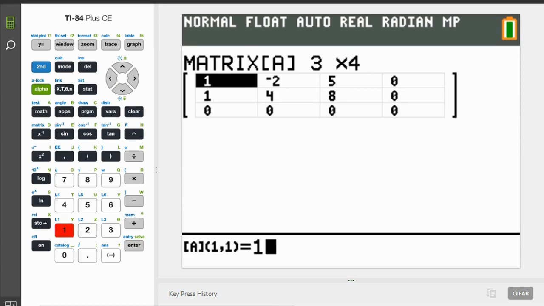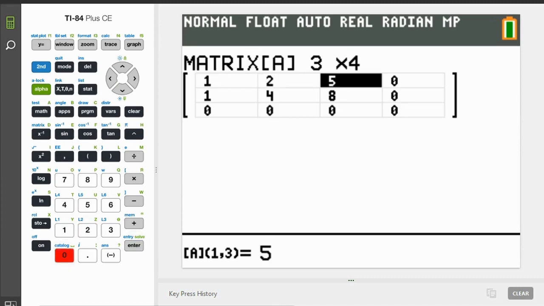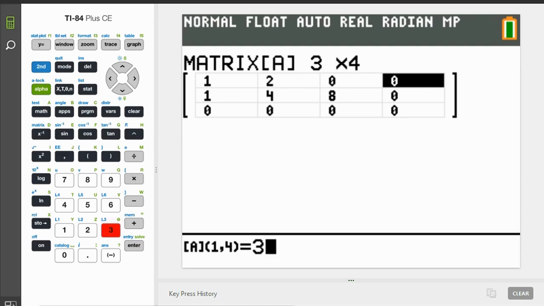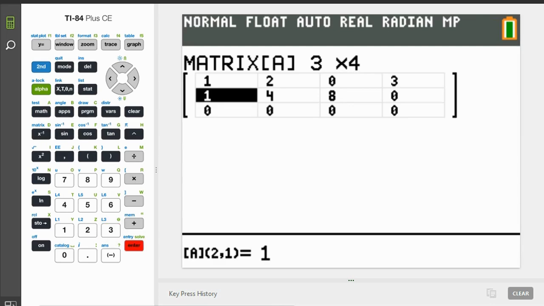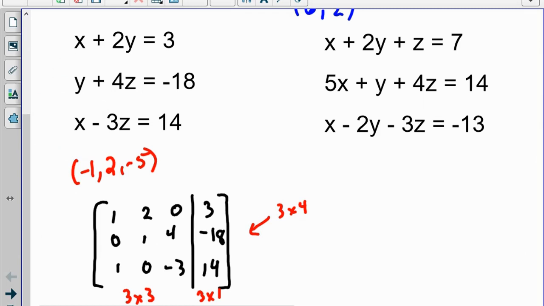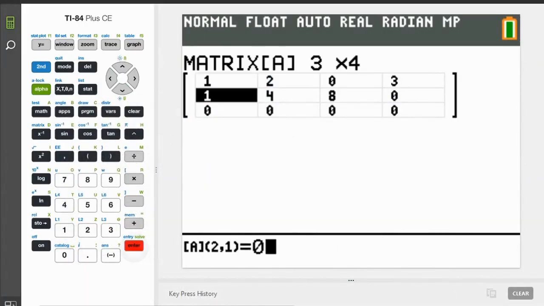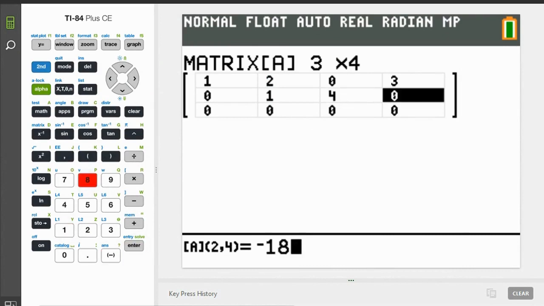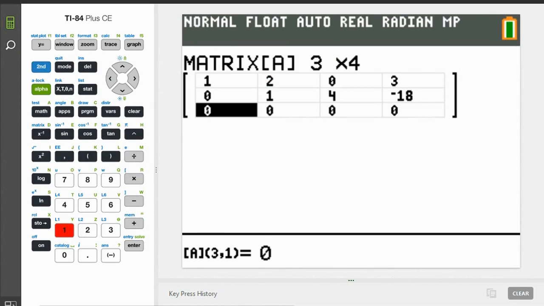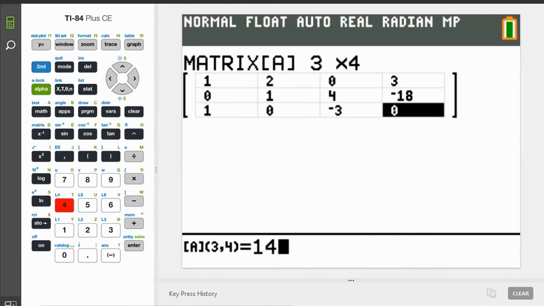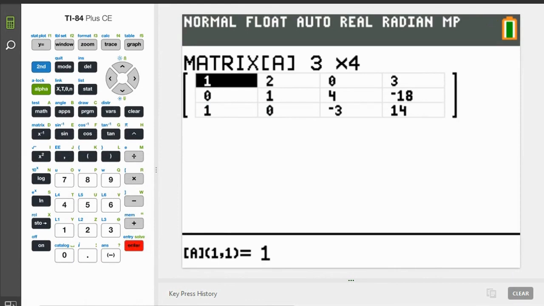So I have 1, 2, 0, 3. 0, 1, 4, negative 18, and 1, 0, my memory's not that good anymore, negative 3, 14. So if I have all that, I have my 3 by 3 combined with my 3 by 1.